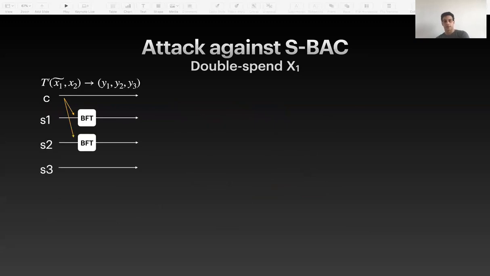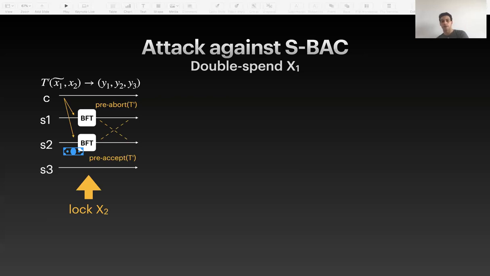First step, the attacker sends T prime to shard 1 and shard 2. Of course, shard 2 thinks that it's all okay, x2 exists, so it will lock the object and prepare to send a pre-accept message to shard 1. But shard 1 will realize that x1 tilde does not exist and then broadcast a pre-abort.